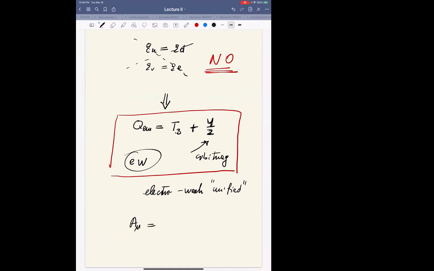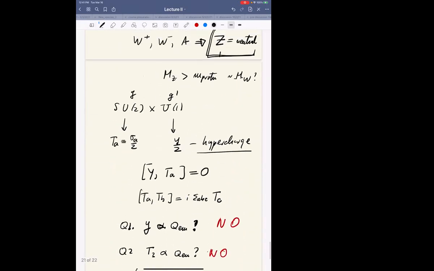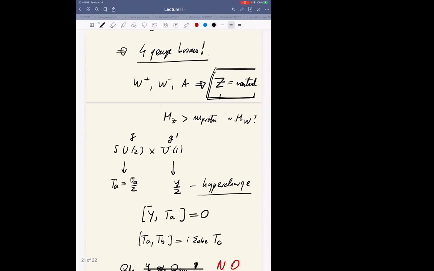It's some combination of A_mu^3 and what I call B_mu. I forgot to say here, there are T^A and there are associated gauge bosons A_mu^A, and associated with the hypercharge there is a boson that I will name B.